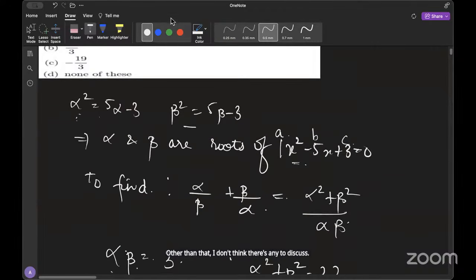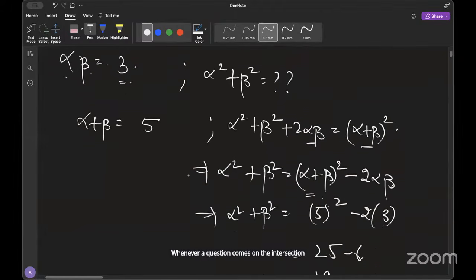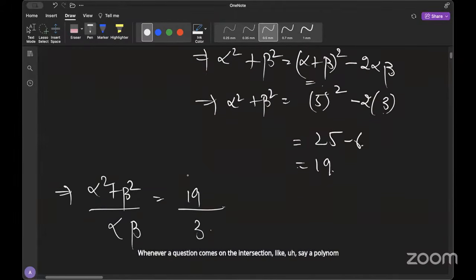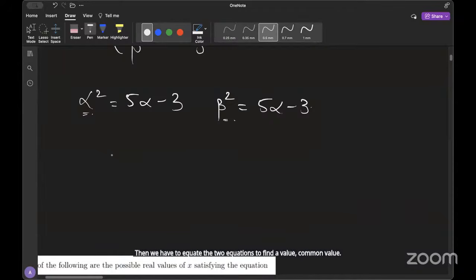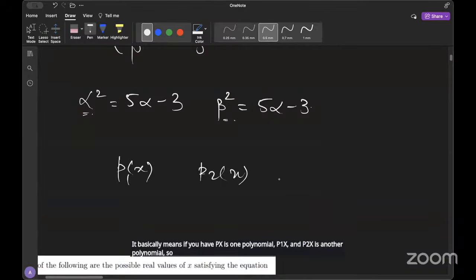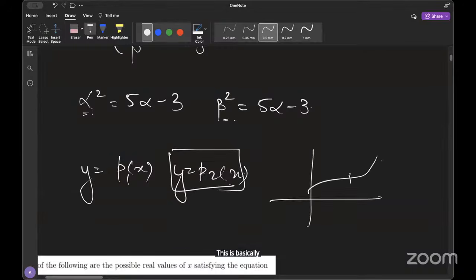Can you show the next question? Whenever a question comes on an intersection, like a polynomial meeting a quadratic, we have to equate the two equations to find a common value. It basically means if you have P1(x) as one polynomial and P2(x) as another, and you want the point of intersection, then y equals this and y equals that.